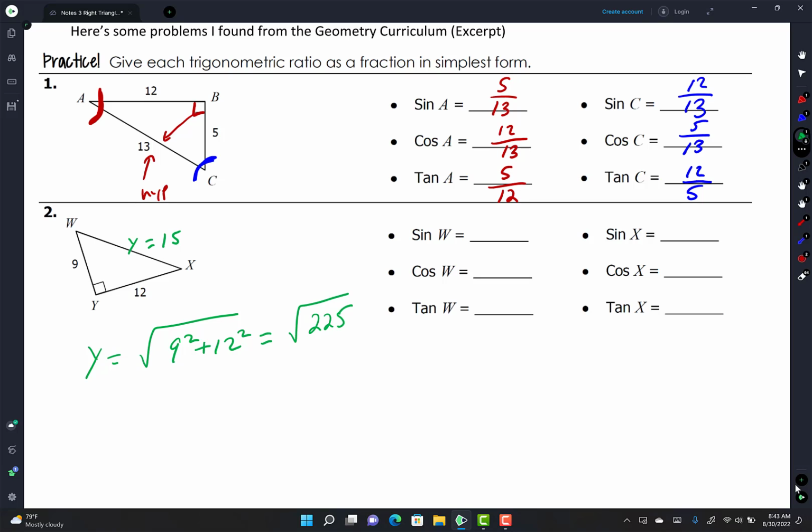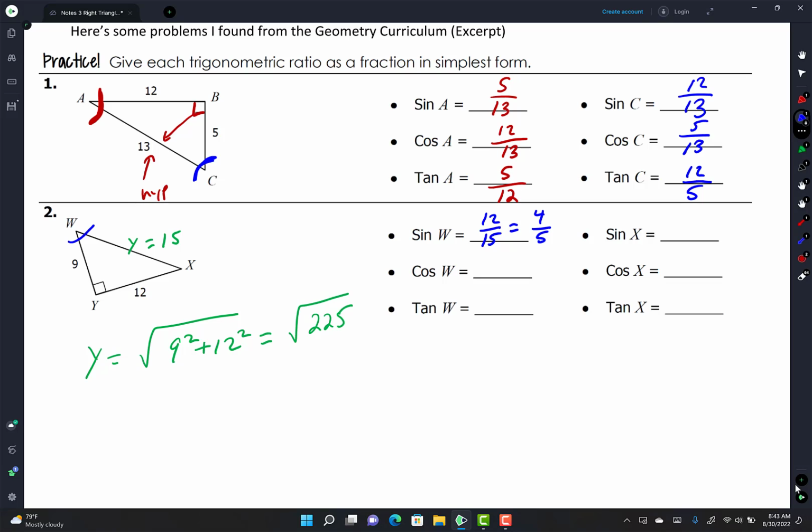So here we go. Here is W. I didn't mean to say it like that. It's W. So here's W. So opposite over hypotenuse, 12 over 15. But notice it does reduce, guys. 3 goes into 12 4 times, and 3 goes into 15 5 times. So 4 over 5. If you don't reduce it, that's fine. But you always want to have it in reduced form.